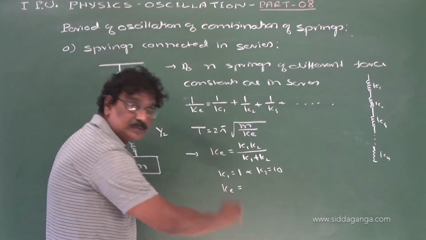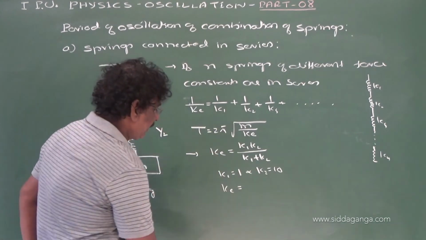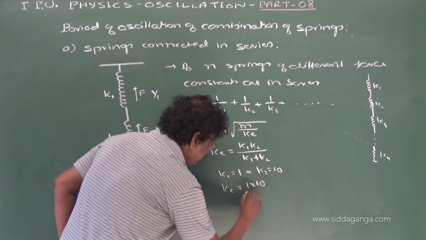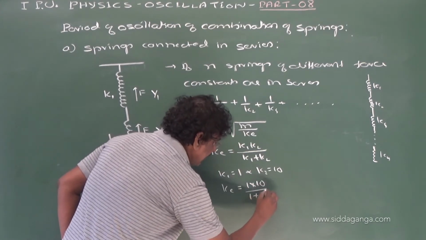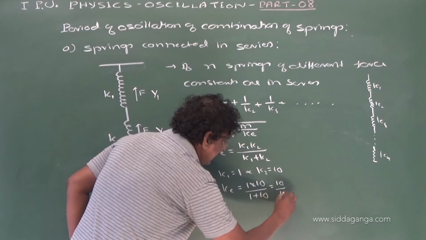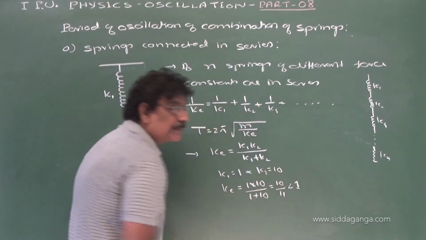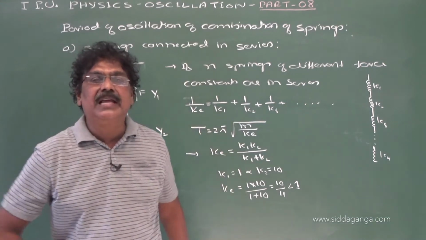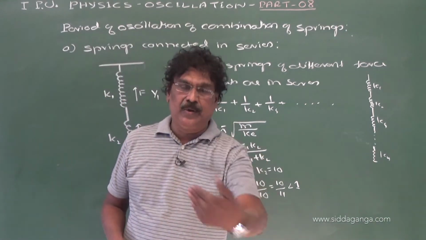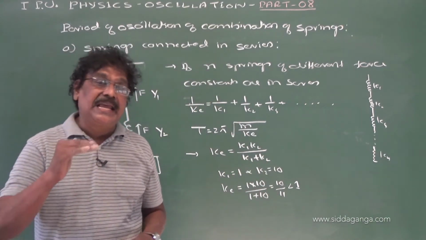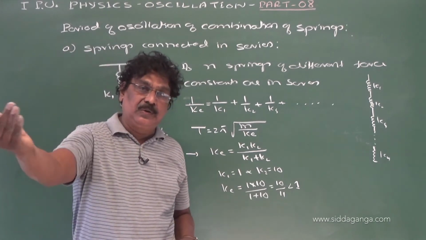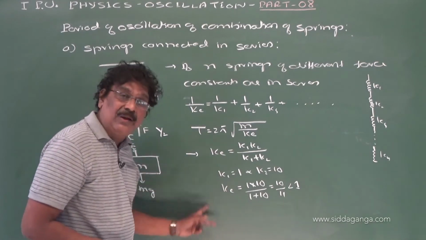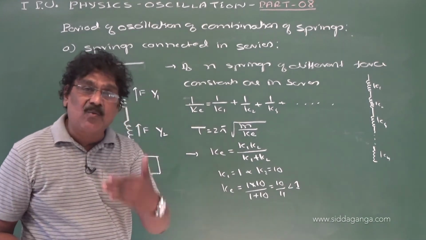Ke is equal to 1 into 10 by 1 plus 10, that is 10 by 11, which is less than 1.